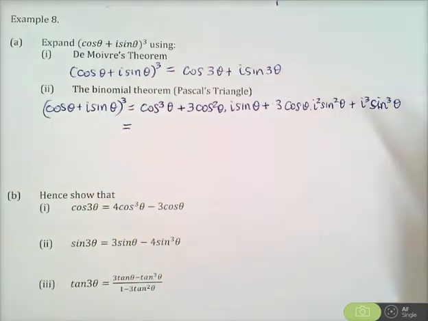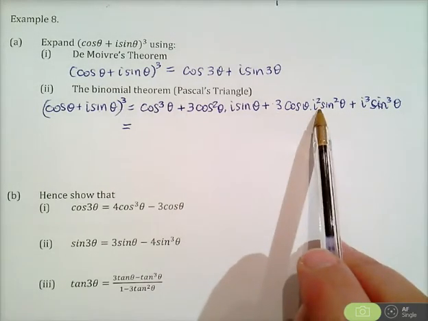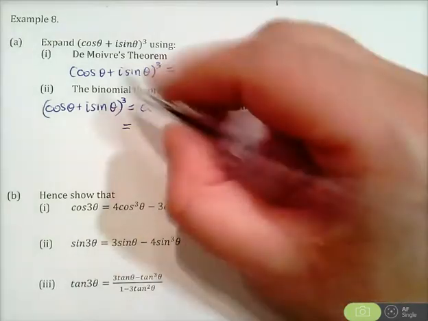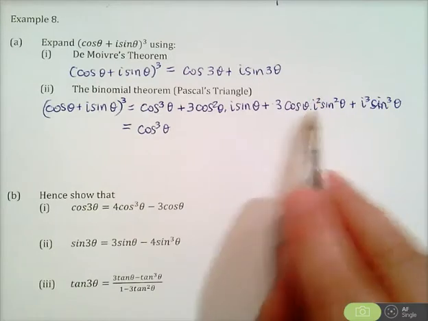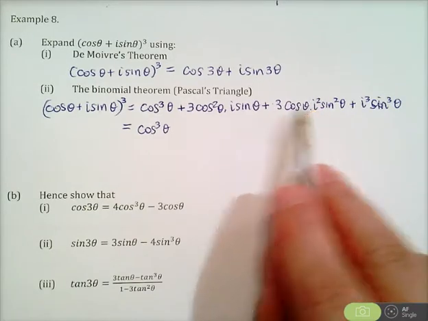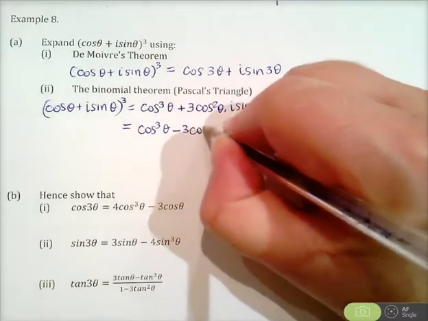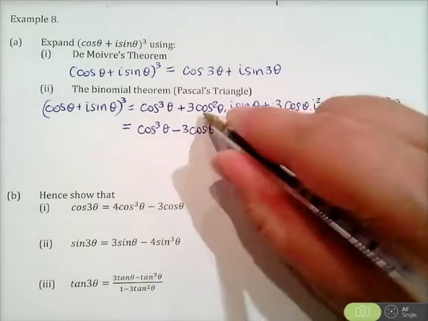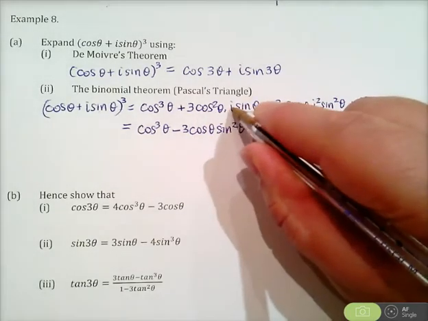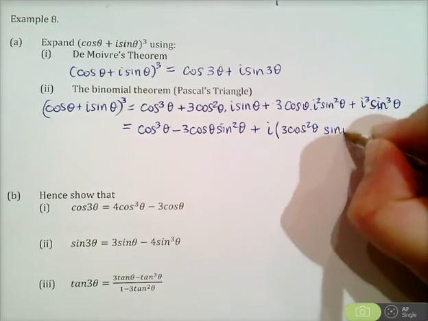Now what we're going to do is collect any real terms. Remember i squared is -1, so the real terms are cos cubed theta, and -1 times 3, so we get -3 cos theta sine squared theta. Then looking at the terms with i, we've got i times 3 cos squared theta sine theta.